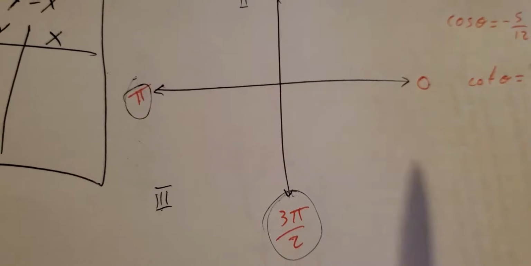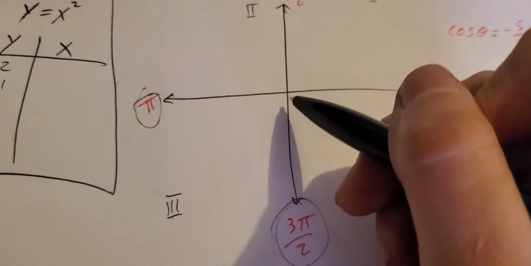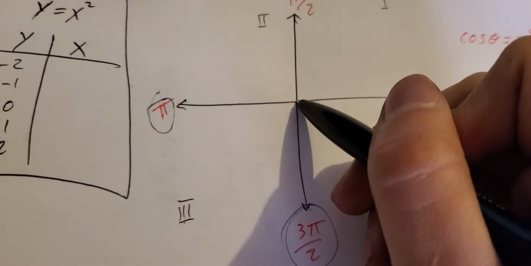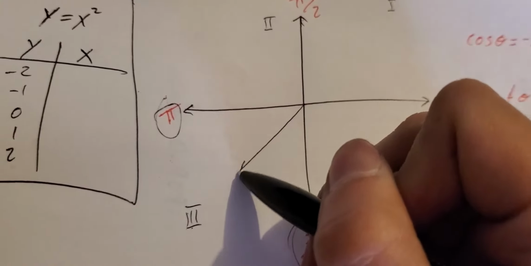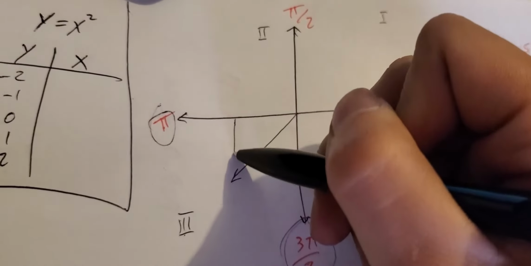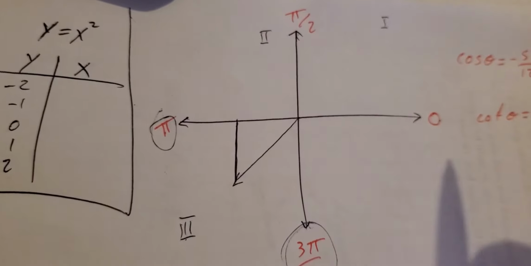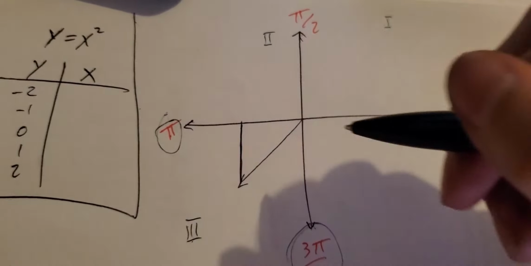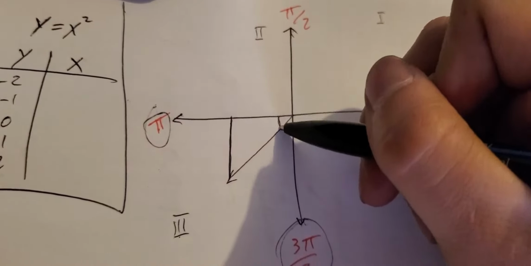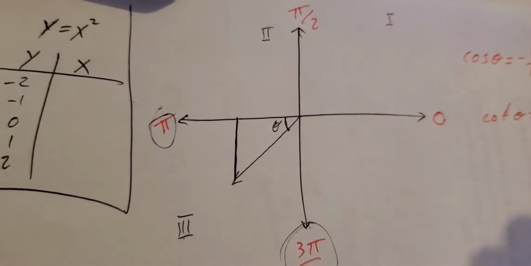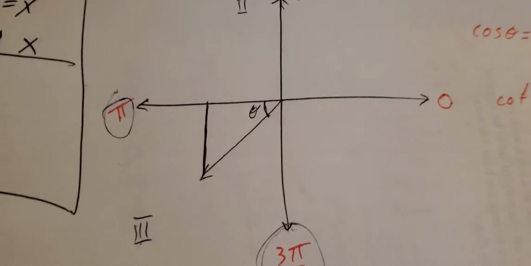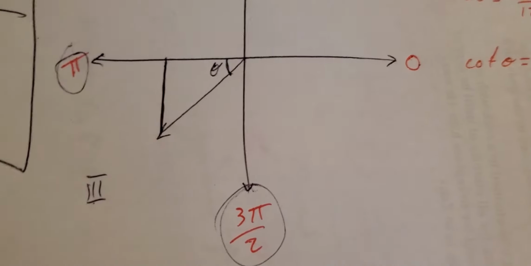Now let me make a triangle. The angle opens that way, and creates a right triangle right there. This angle here is my theta, the angle that we are given.